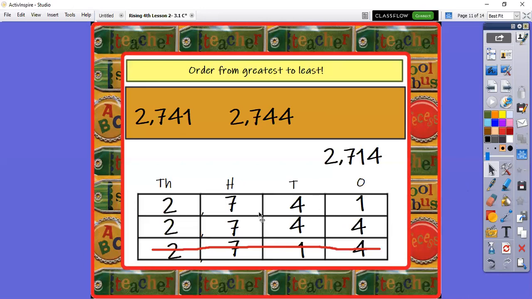So again, we got up to the tens place, and so far the thousands, hundreds, and tens were the same. So I have to go to the last place, which is the ones place. And which number is greater, the one with the 1 in the ones place or the one with the 4 in the ones place? That's right, that second number is going to be greater.